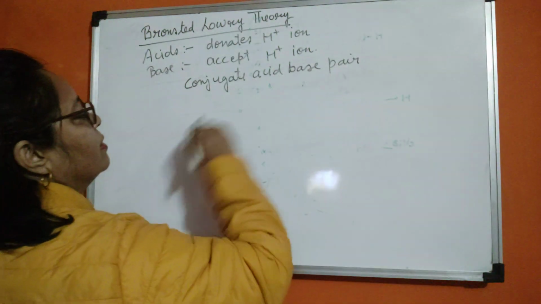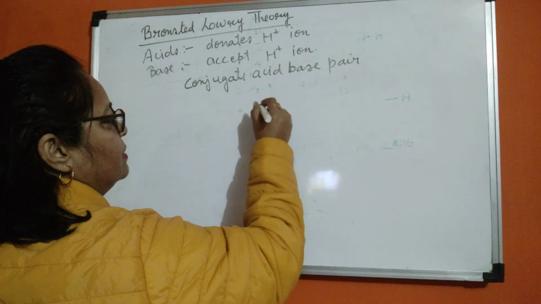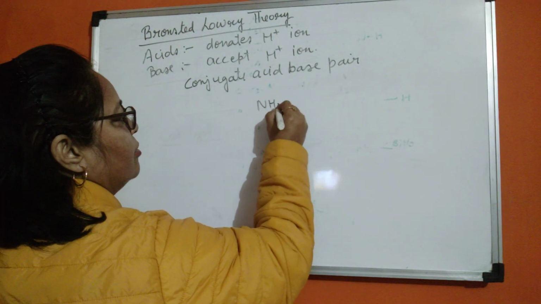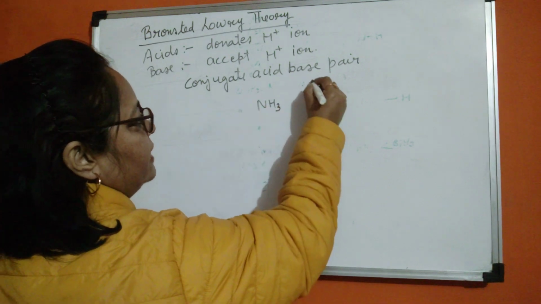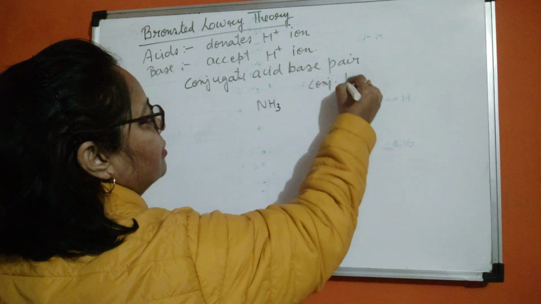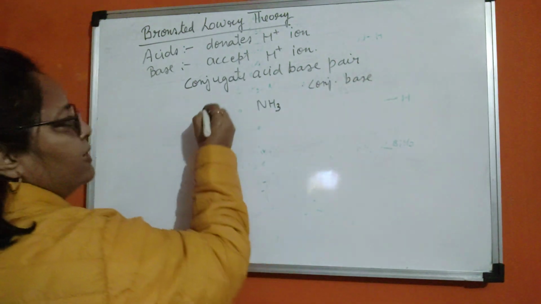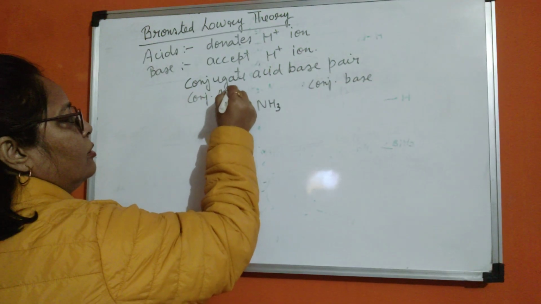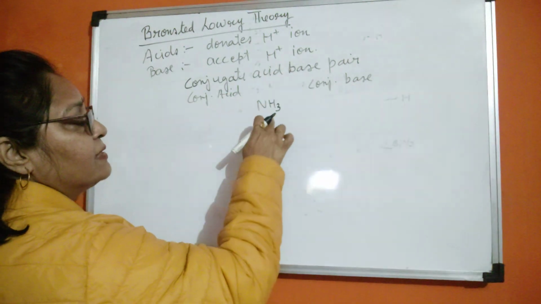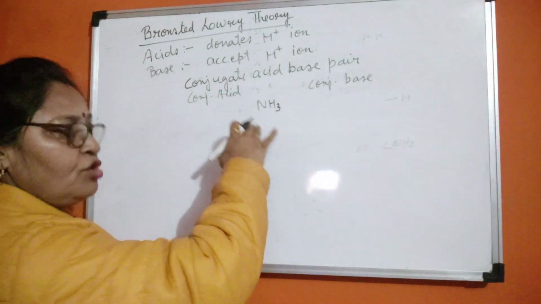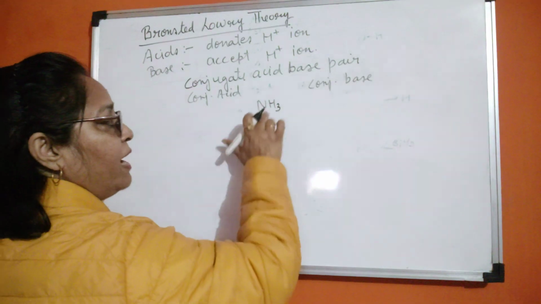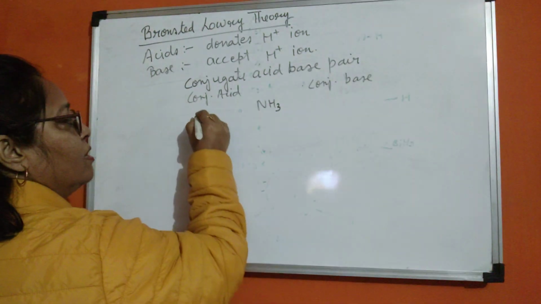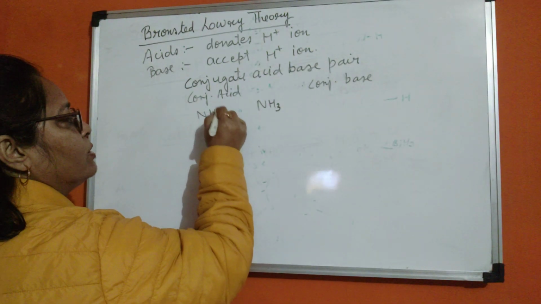For example, suppose we take this NH3. Now for NH3, its conjugate base, here we write conjugate base and this side we write conjugate acid. So conjugate acid is made up by addition of one H plus. So when we add one H plus in this ammonia, we get NH4 positive.